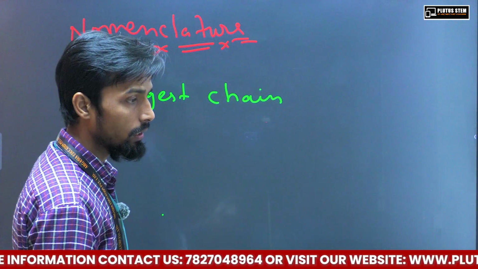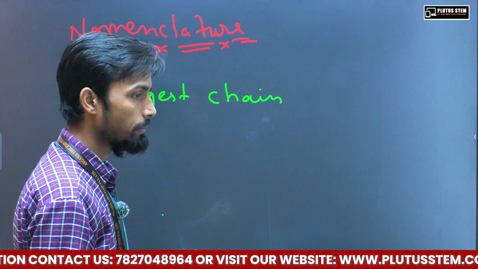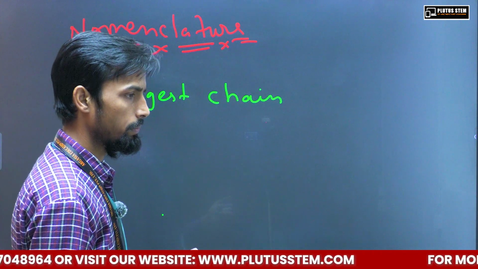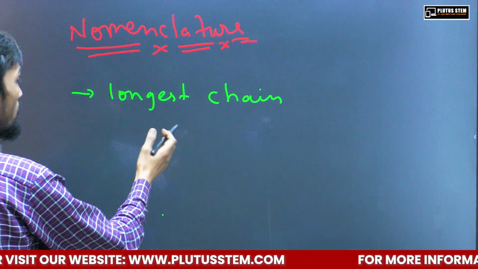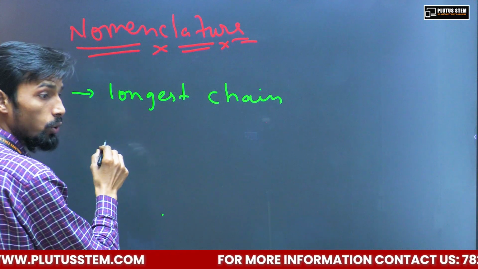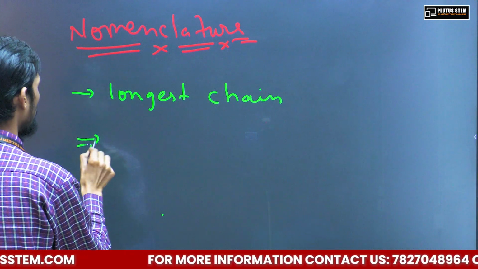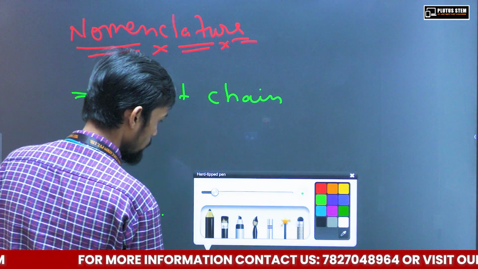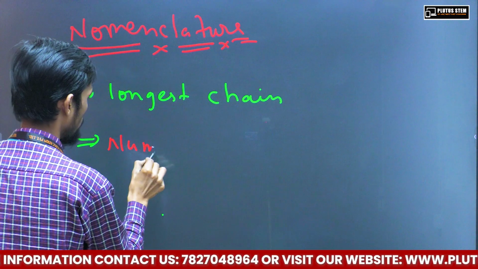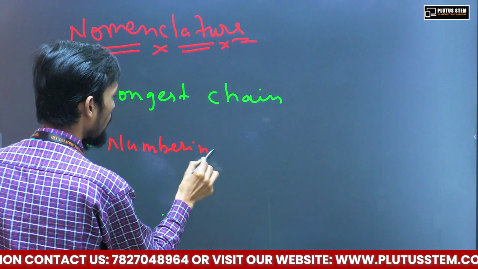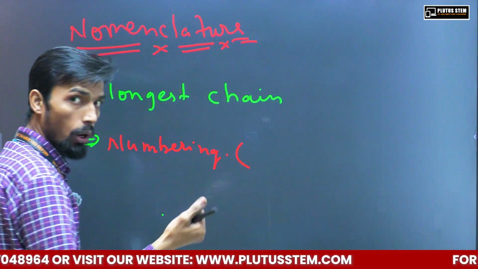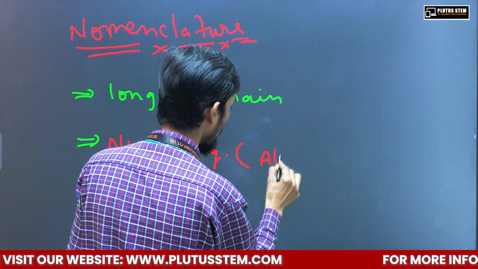Then the second thing we are going to see is numbering. While numbering, the main thing we have to consider for these halogens is the alphabetical order.